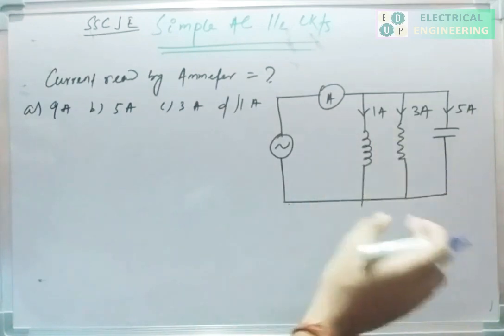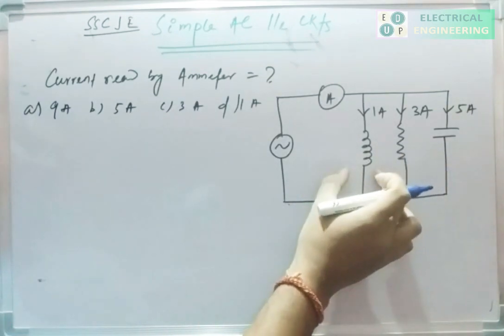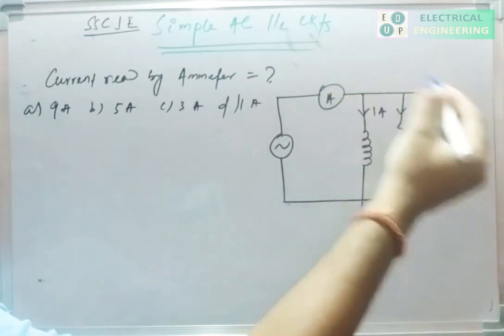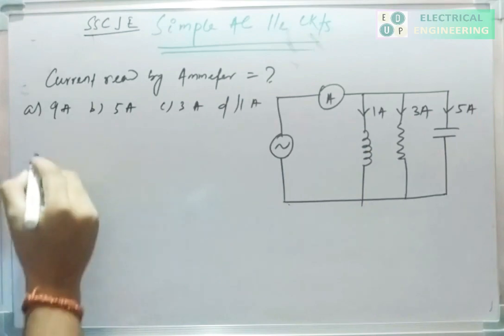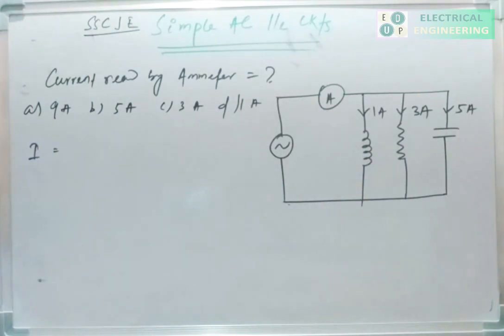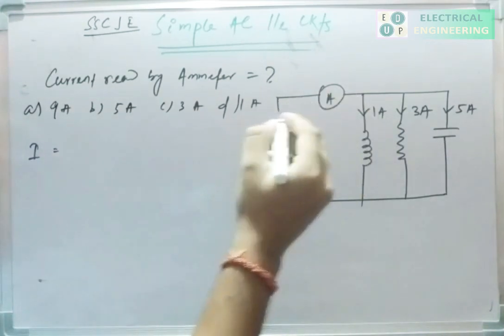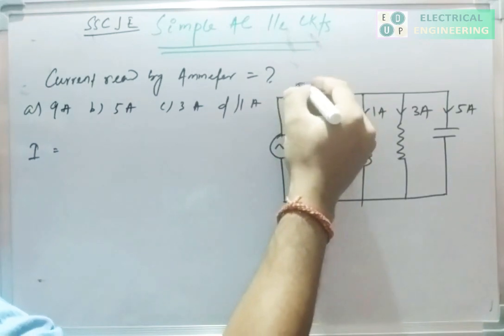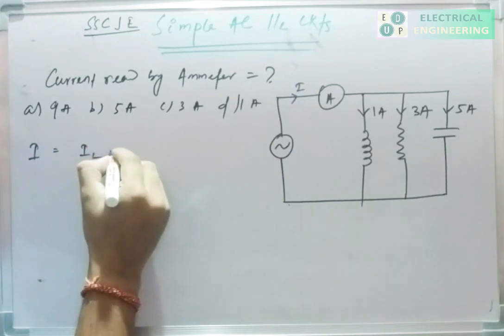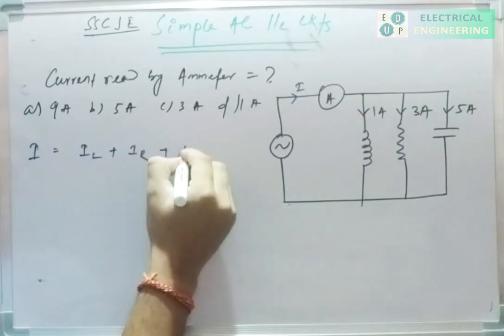Here you can see this is inductor L, R and C, and at this node, if I put Kirchhoff's current law, then we can write it as, if total current is I, then I is IL plus IR plus IC.